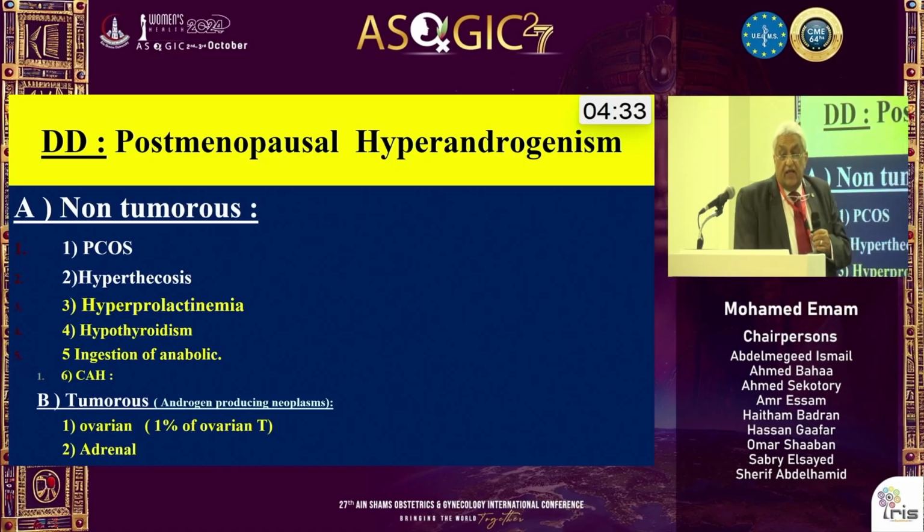Other causes like hyperprolactinemia, hyperthyroidism, ingestion of anabolics, and congenital adrenal hyperplasia are very essential for us. But you should not miss the first item, polycystic ovarian syndrome among the postmenopausal, which is again an extension of the hyperandrogenism from reproductive life till after menopause in this case.